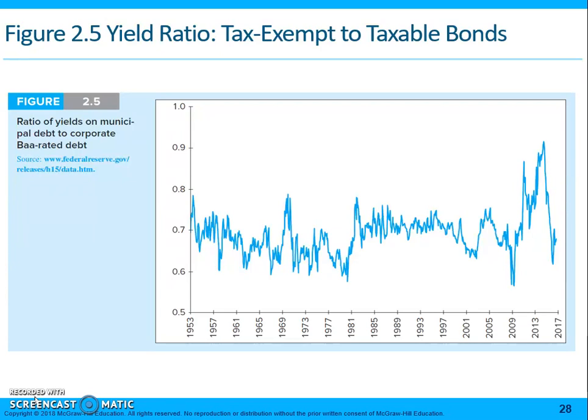This ratio varies depending on any number of factors in the market. One of the biggest factors here is the highest marginal tax bracket, because wealthy individuals are some of the largest purchasers of tax-exempt bonds because of their treatment.